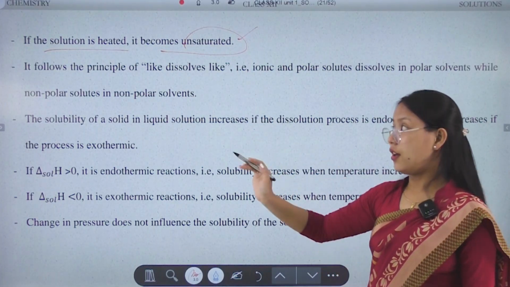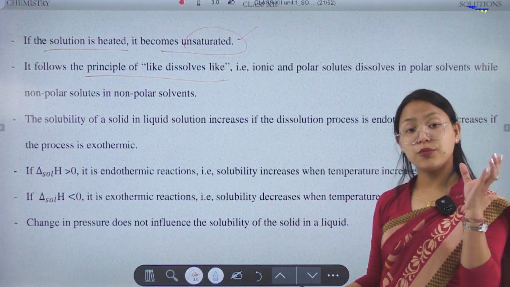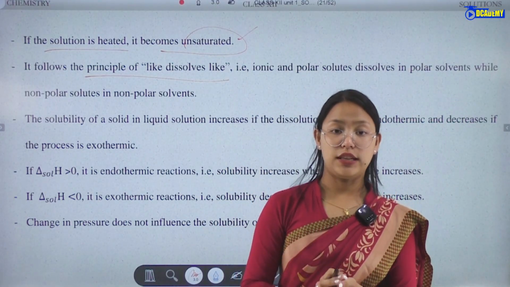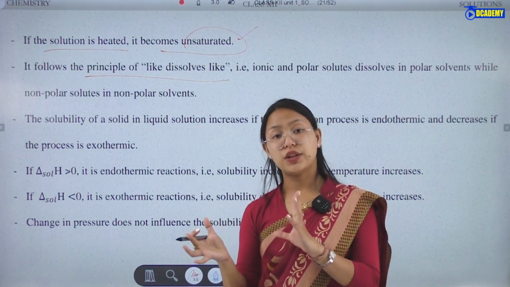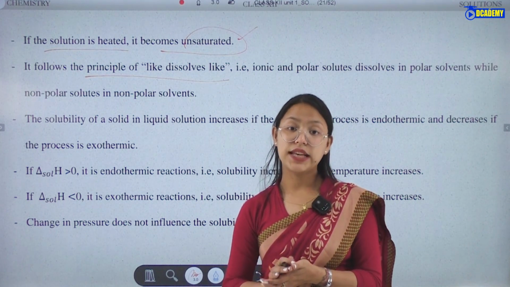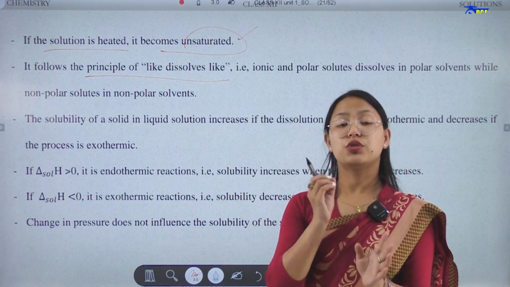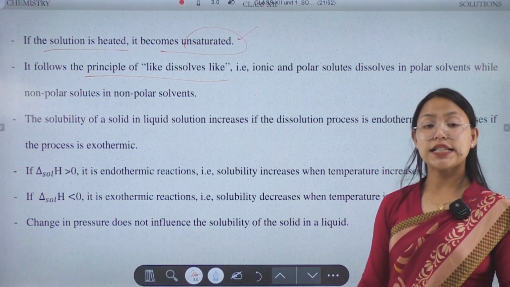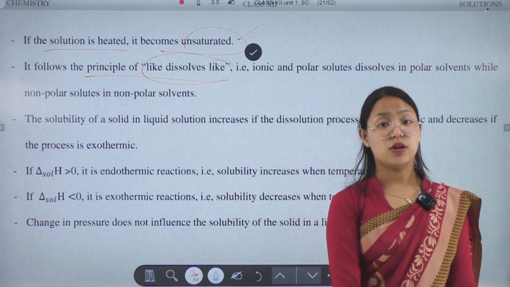Then it follows the principle of like dissolves like. Ionic solutes dissolve in the same type, polar solvents, and non-ionic solutes dissolve in non-polar solvents. Charged dissolves charged, uncharged dissolves uncharged. So to check solubility, the process is like dissolves like.